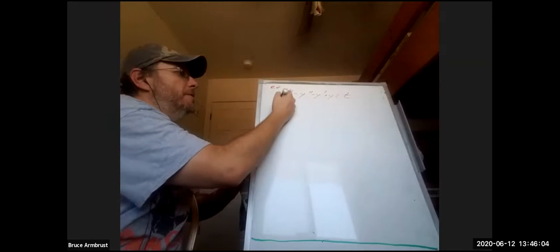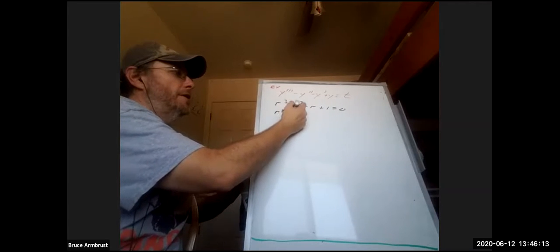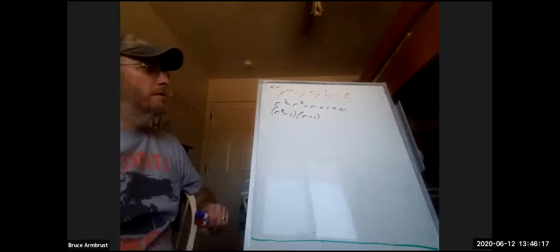So first things first, we've got to get a fundamental set. So let's make the polynomial. It's going to be r cubed minus r squared minus r plus 1. We can factor by grouping, and you've got r squared minus 1 times r minus 1.